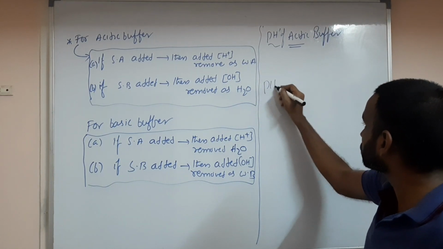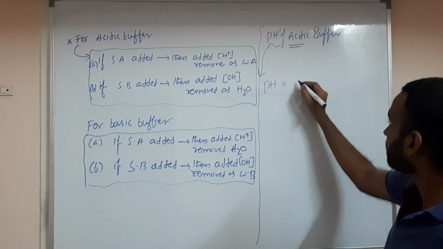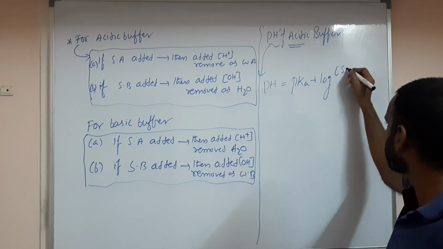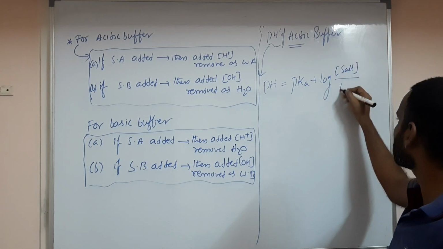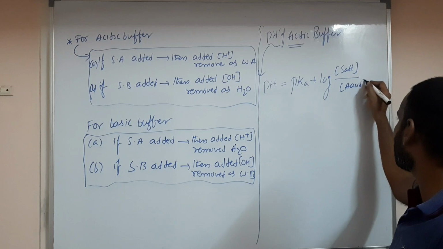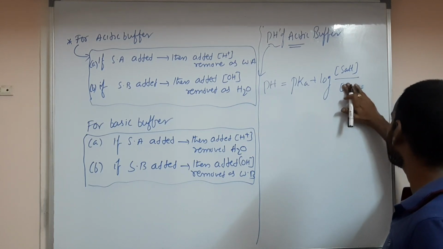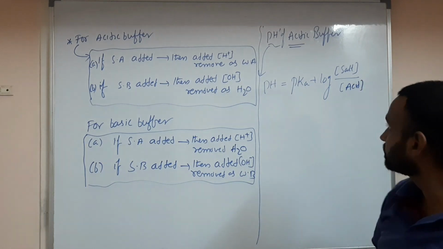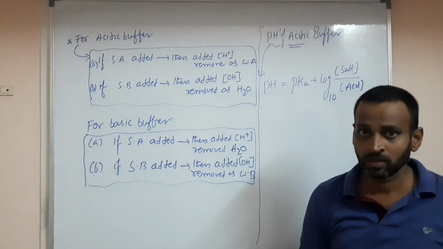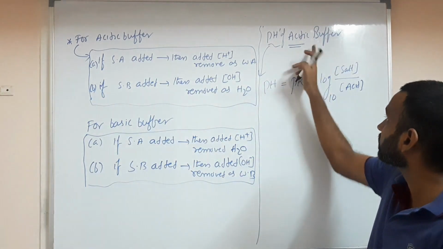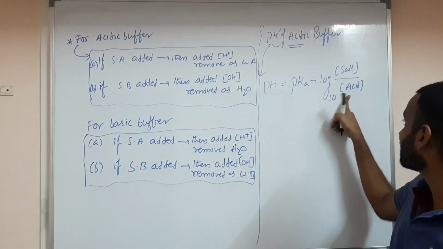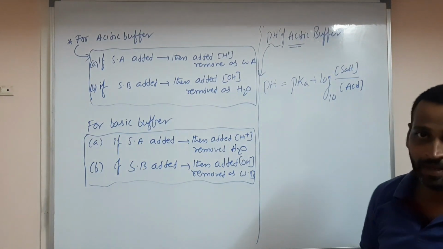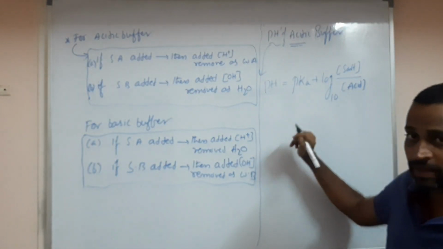What is the pH of acidic buffer? pKa plus log concentration of salt by concentration of acid. Weak acid will be there in an acidic buffer, that weak acid concentration. So pKa means, everybody knows, minus log Ka.